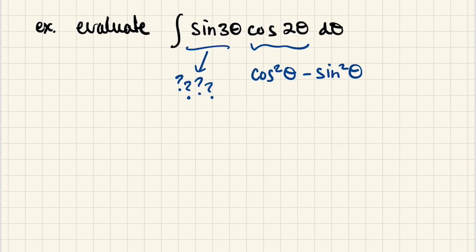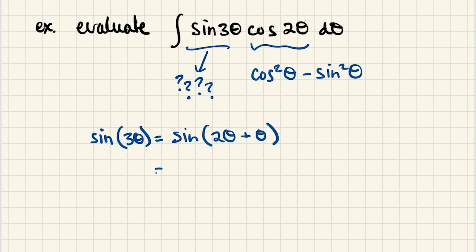So, well, you could invent one. Let's invent a triple angle identity for sine. So we could say, well, sine of 3 theta, that's like sine of 2 theta plus theta. Okay, so what is that? Well, sine of one thing plus another, we know there's the sum and difference identities for sine.